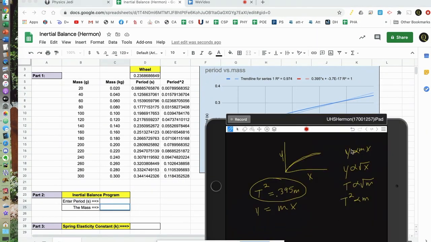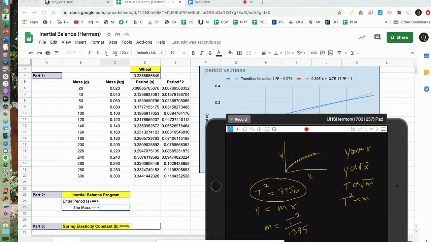Well, let's go back to the iPad. What do we have? We have t squared equals 0.395 m. So how do I solve that for m? Well, m would equal t squared over 0.395. So all I've got to do is take the period, square it, and divide it by 0.395, and that should be my mass.